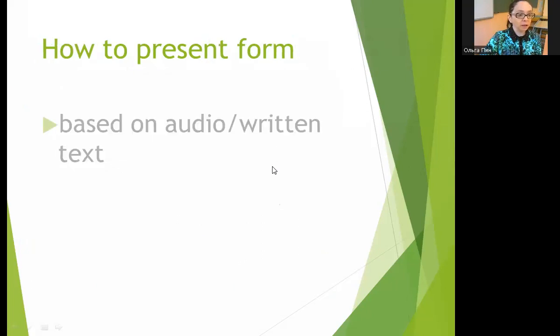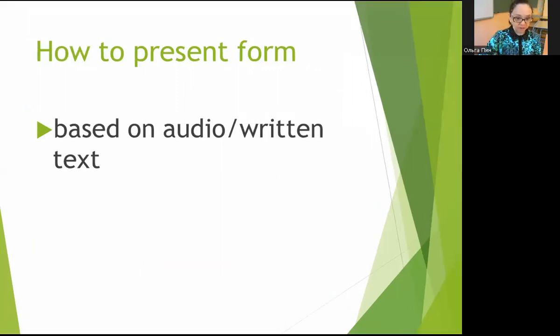Then, how can we present form? First, we can base it on the text. For example, when we study present simple, we begin with presenting form using the bag. While students guess something about the owner of the bag, they make sentences.